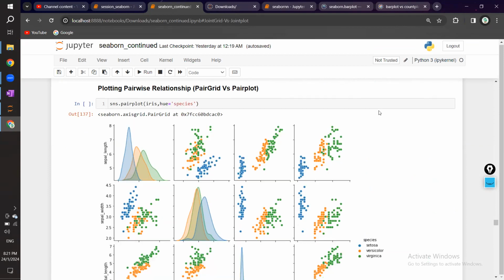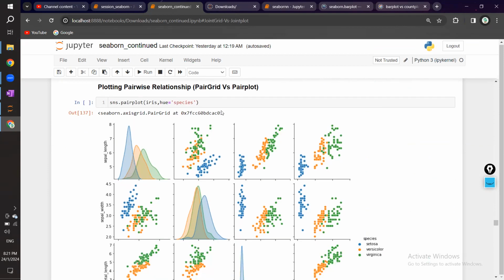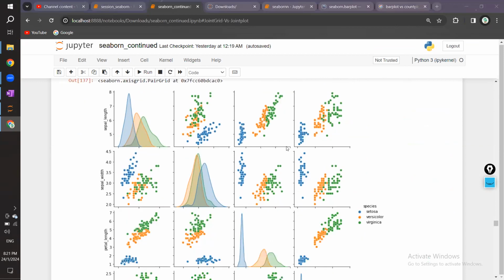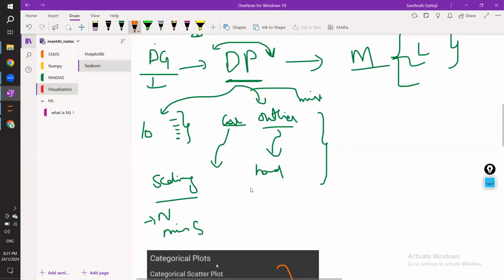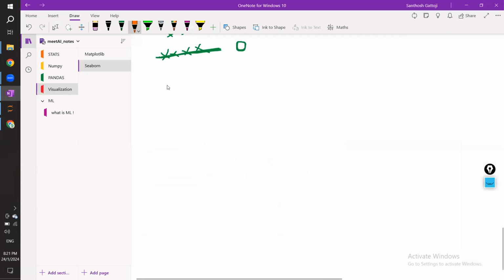First of all, the meaning of pair plot is to draw the graph between each and every column with each and every other column from the complete given data set. It will try to create pairs. For example, if you have columns c1, c2, c3, c4, it will draw graphs for each column with every other column.